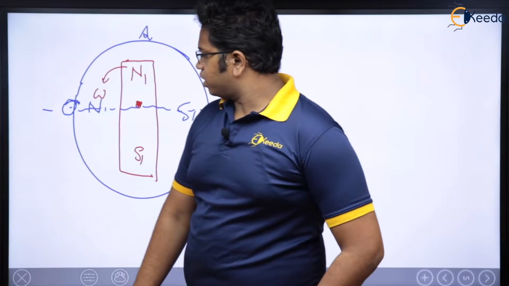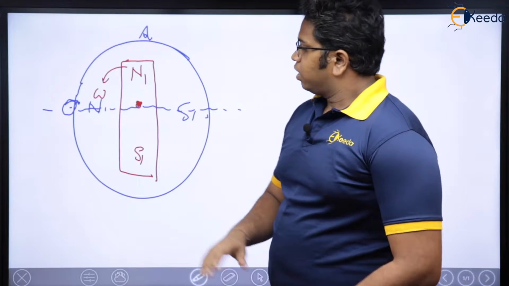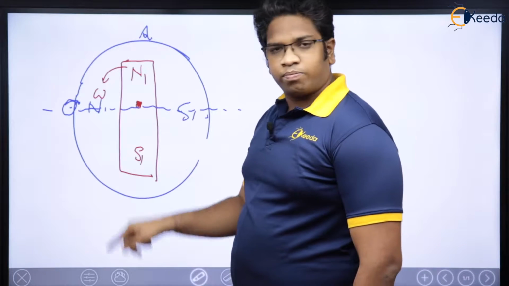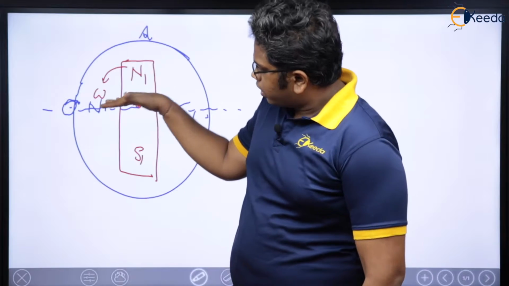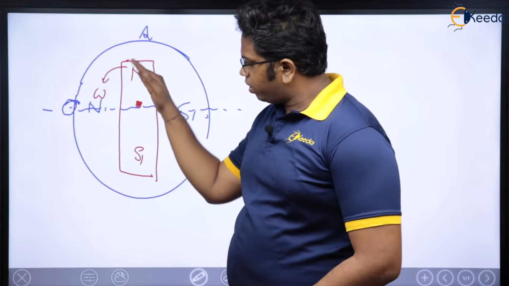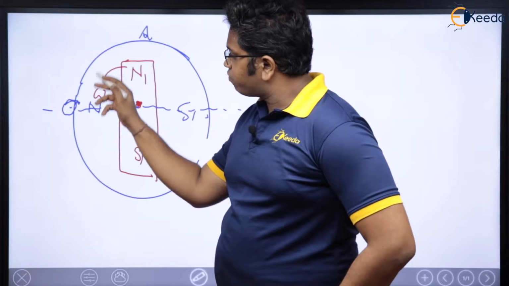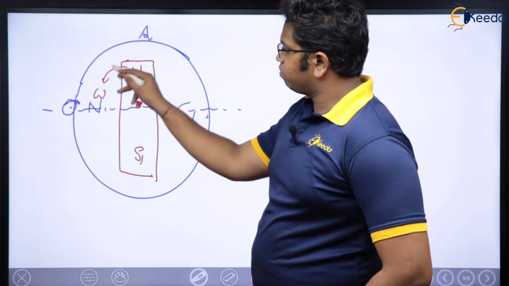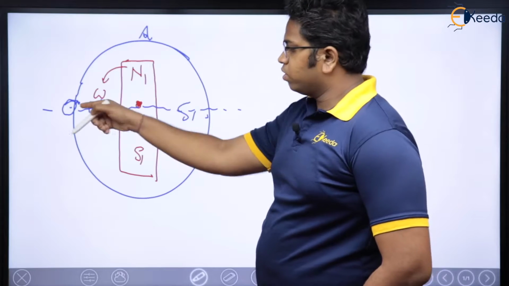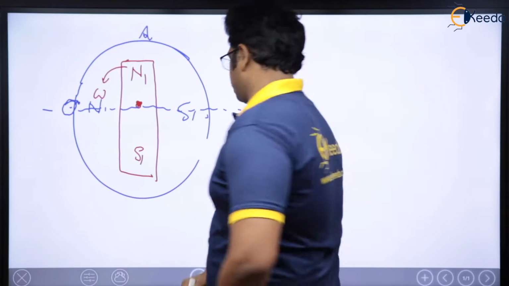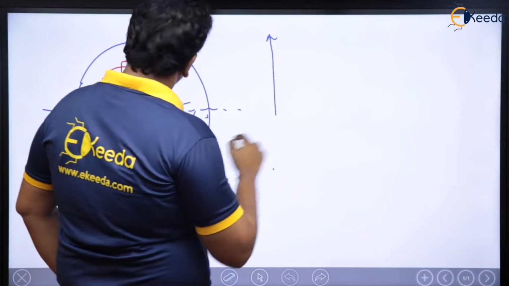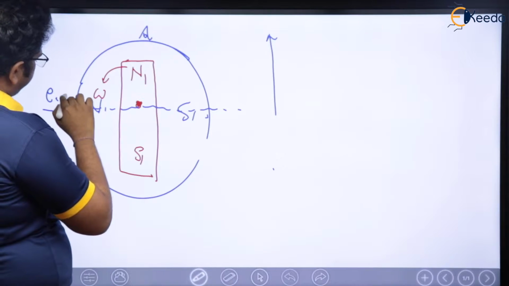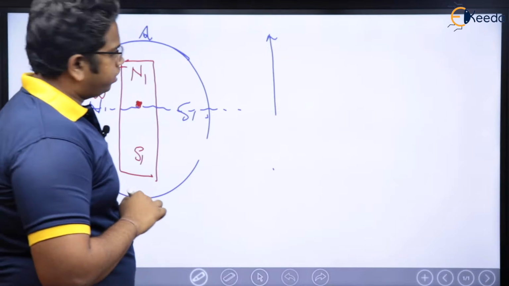So you please tell me, what has happened when my rotor poles rotated by 90 degrees? EMF changed from 0 to positive maximum. Now since this flux density distribution is sinusoidal, EMF is also going to be sinusoidal. So let me call this E conductor, EMF induced in the conductor.